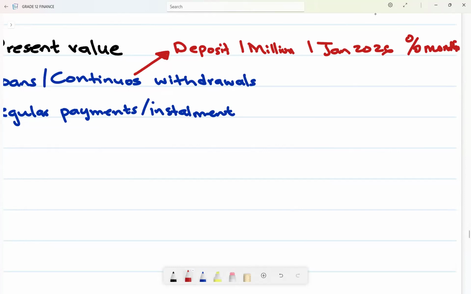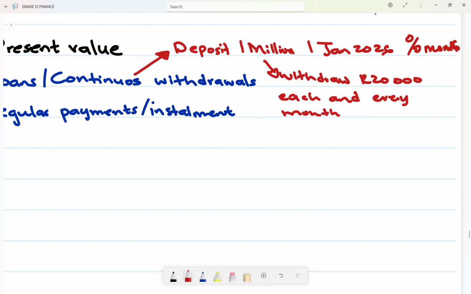But instead of just letting it grow, avoiding the compound formula, each and every month I withdraw 20,000. I deposited 1 million, and each and every month I'm withdrawing 20,000.